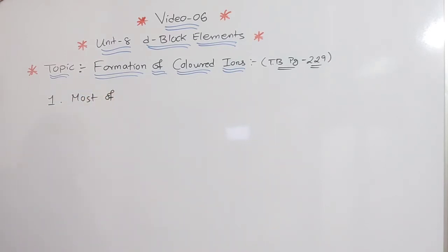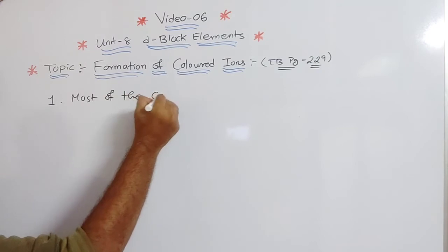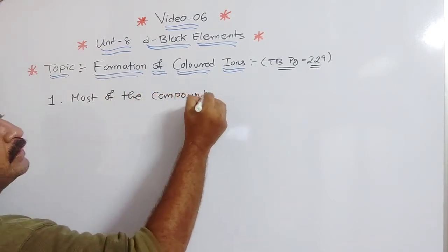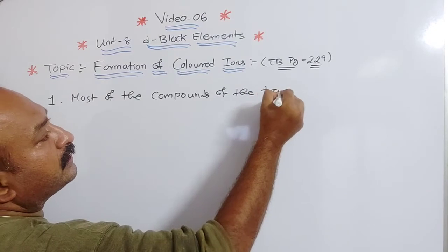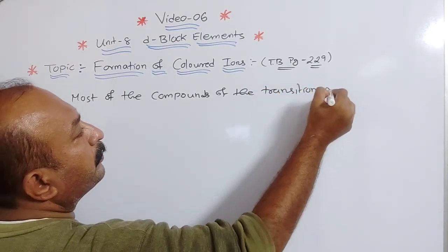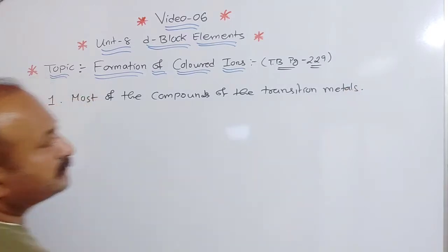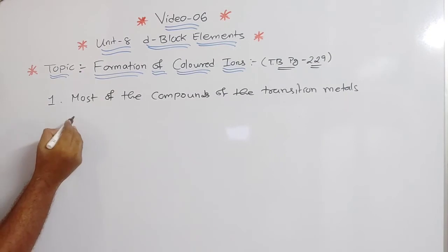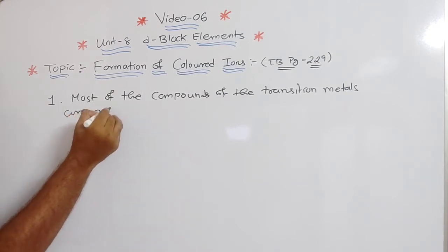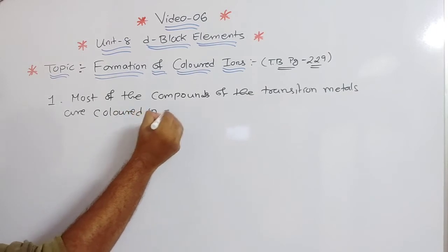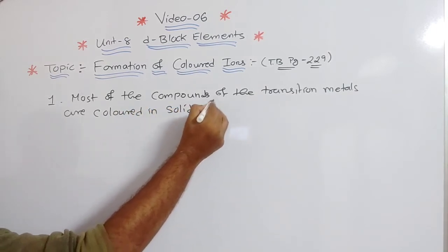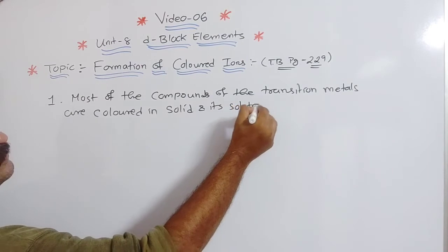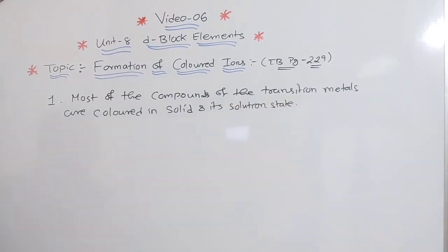Most of the compounds of the transition metals are colored in solid and in solution state. Clear?